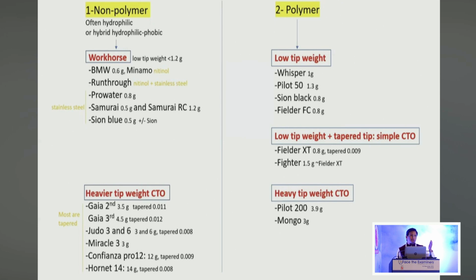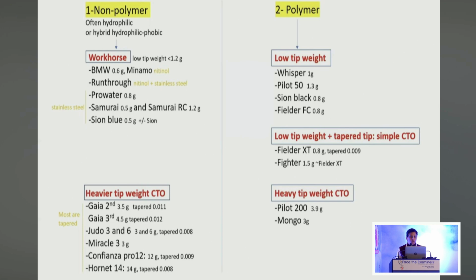Of course, I won't suggest everybody to start with Whisper at the beginning, because Whisper is polymer coated. It's a slippery wire. If you don't have control, you can perforate or dissect. But it is one of the best wires, because my workhorse wire is Whisper, and the majority of cases I do with that. But of course, there are Pilot 50, Cyan Black, and Fielder FC. These are the polymers.